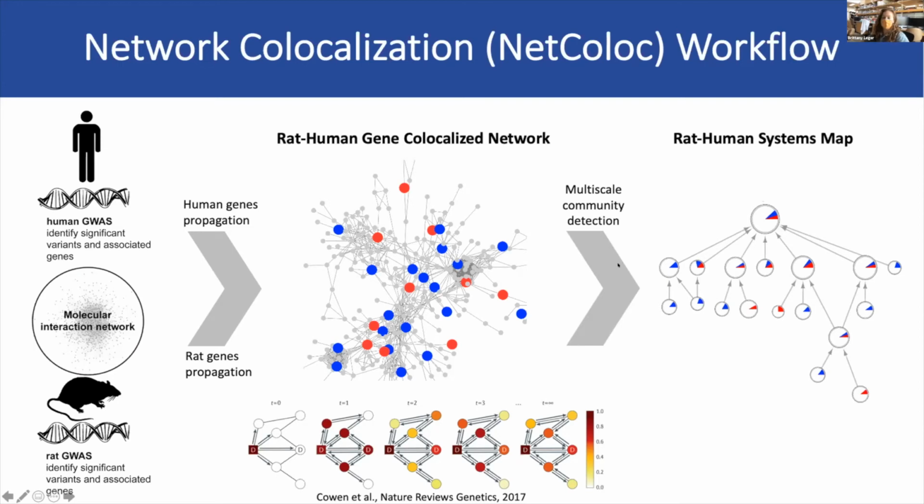Then when we do functional enrichment, we can take something, for instance, like the GO gene associations, and we can annotate those communities or systems to try and figure out what these functional groups are and how they actually work biologically.